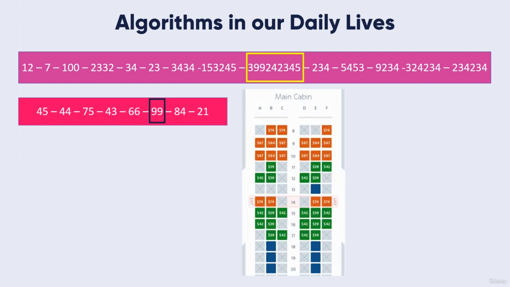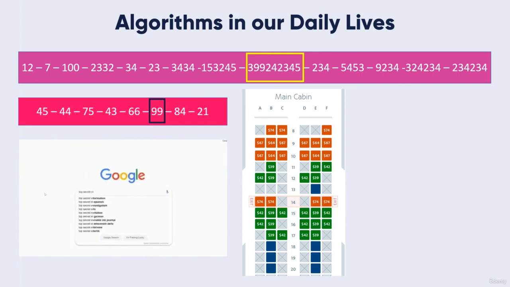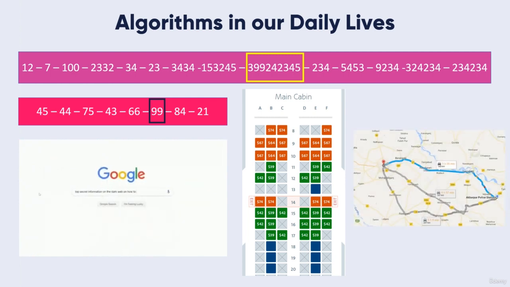Or you need to find out which seats on a train or airplane are occupied, or list results from search engines like Google, or provide instructions that tell you how to get from one location to another by the shortest way using Google Maps. We are going to learn more about these algorithms through this course.